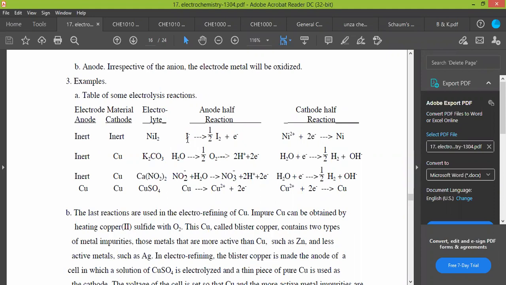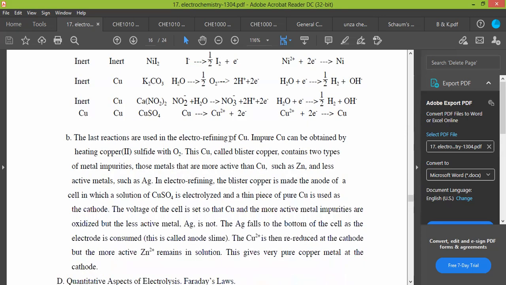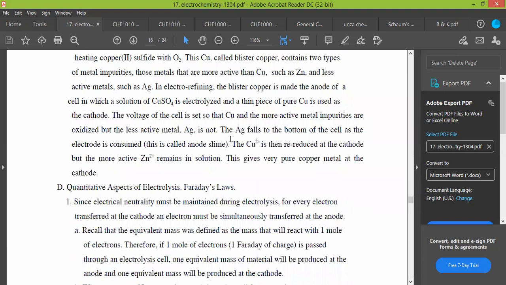So this has to be oxidized, that has to be reduced all the time. Anode oxidation, cathode reduction. So there's really no difficulty in coming up with the equations that are there. And it is out of these that we start doing electroplating and other things.